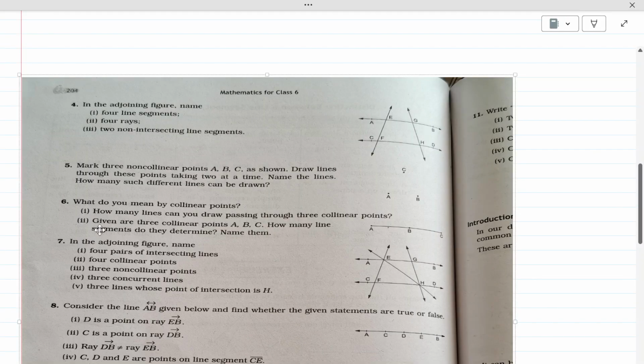Question number 4 is in the adjoining figure. So this is the figure given to us. We have to name the 4 line segments, 4 rays and 2 non-intersecting line segments. Okay. So first of all, let us try to identify the line segments here. What are the line segments in this given figure?